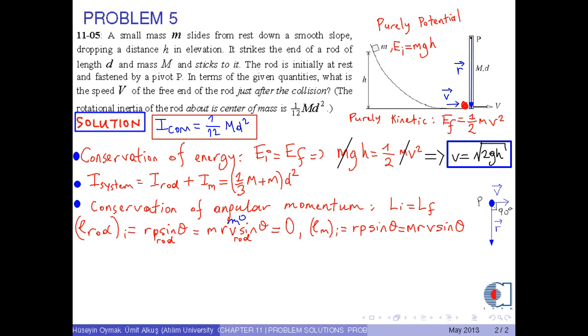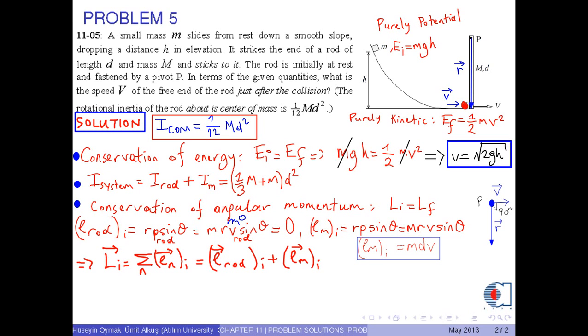From the figure, it is easy to see that angle theta is 90 degrees. Therefore, Lmi equals m times d times v. As a result, the initial angular momentum of the system is due only to small m, that is, Li equals Lmi equals m times d times v.